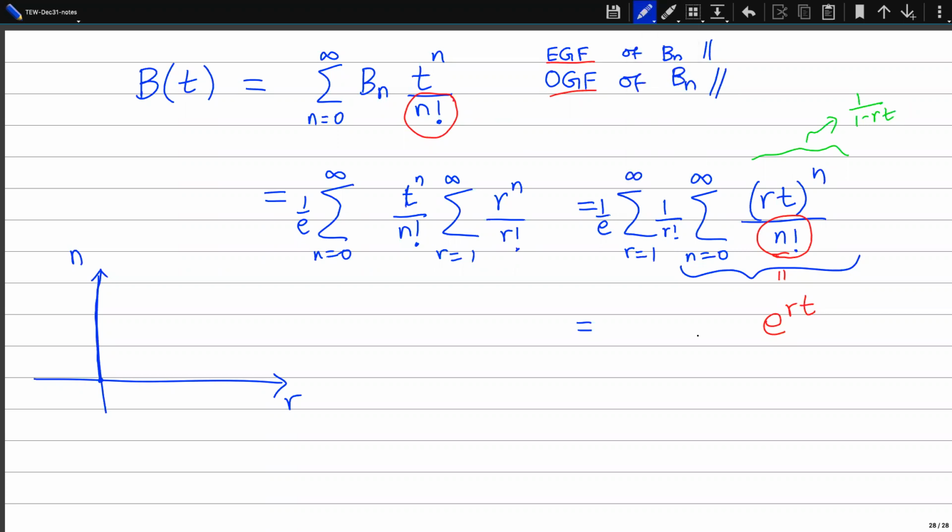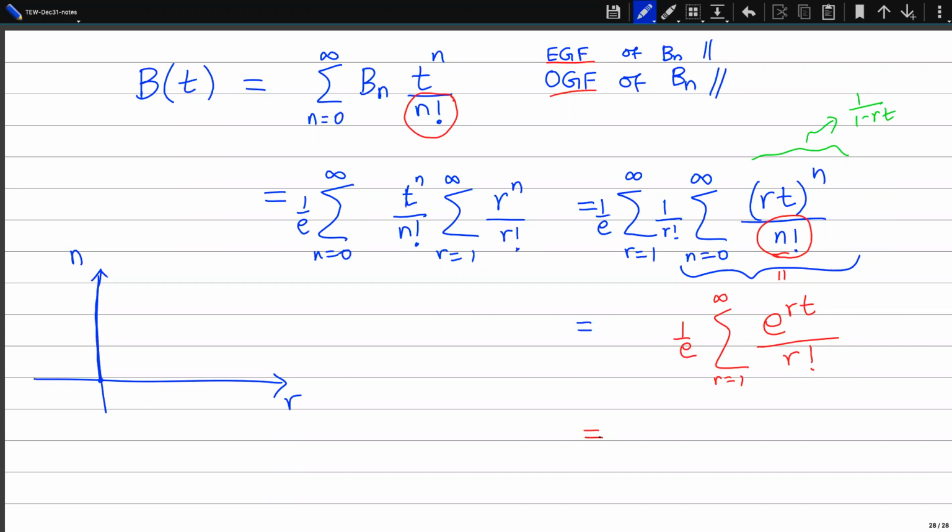Okay, so let's sum this up. 1 by e, summation r goes from 1 to infinity, 1 by r factorial times this. Now what is this? This should be familiar.